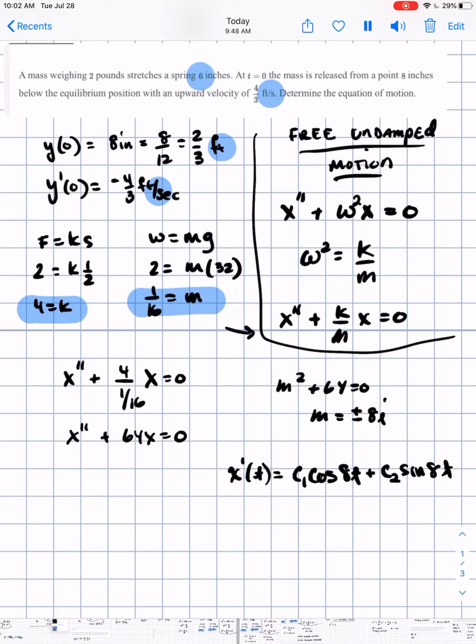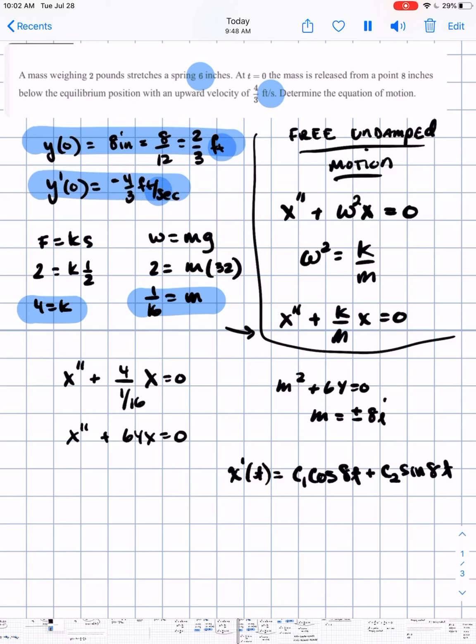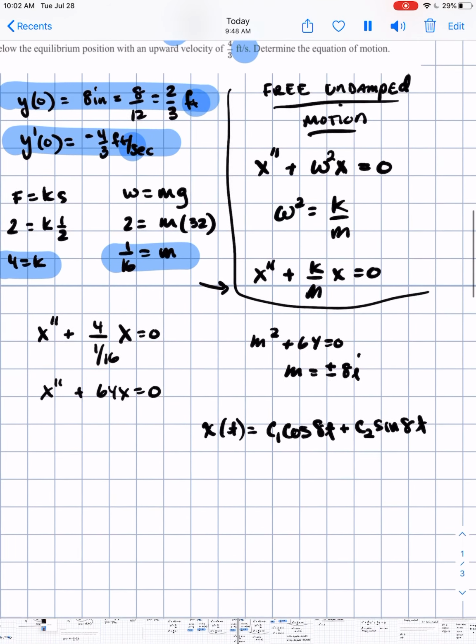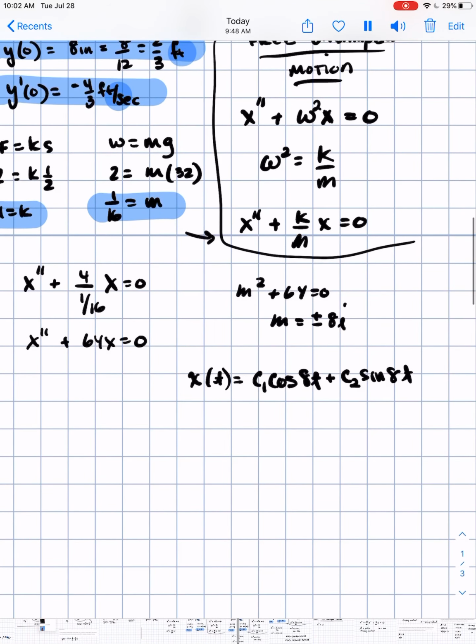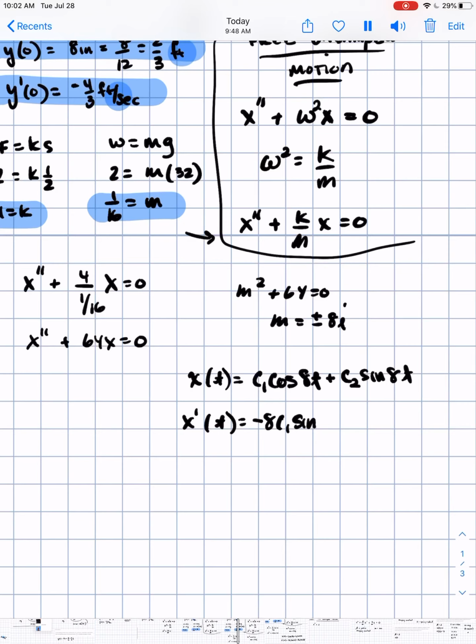All right, the last step is to go back up to your initial values that are given. If you take the derivative as well, you get negative 8c1 sine 8t plus 8c2 cosine 8t.